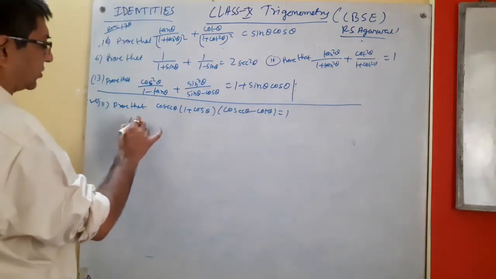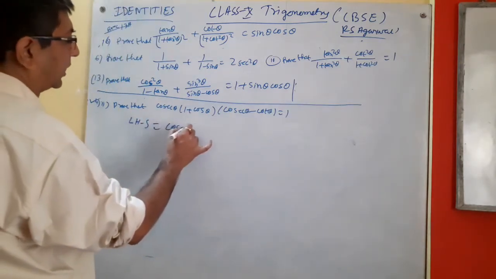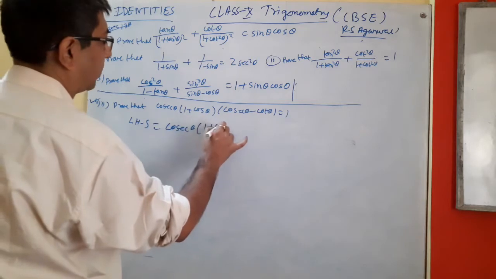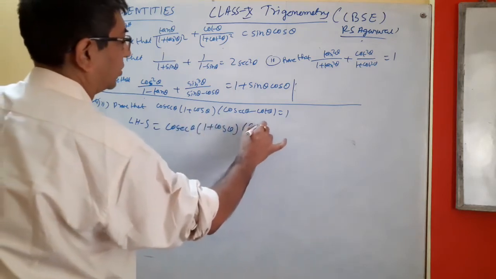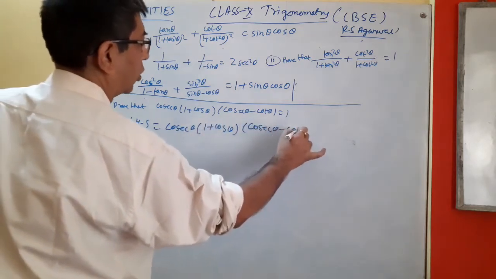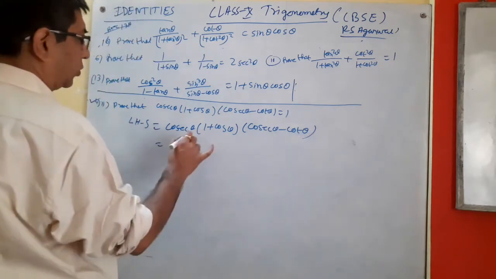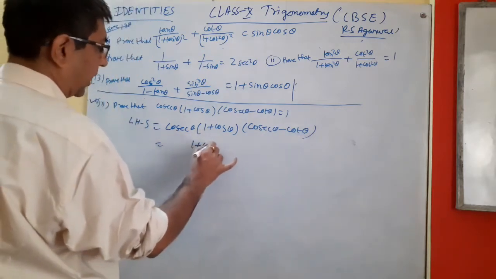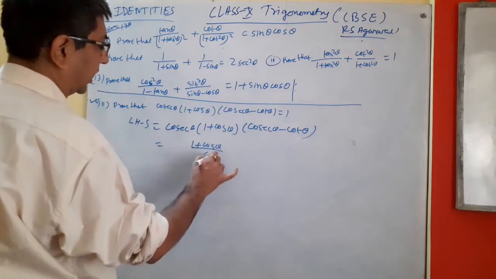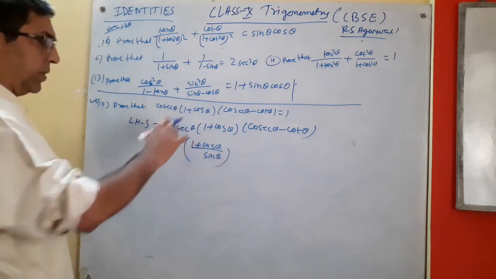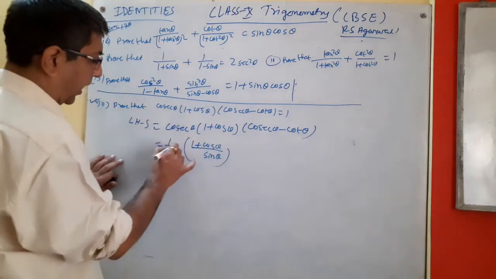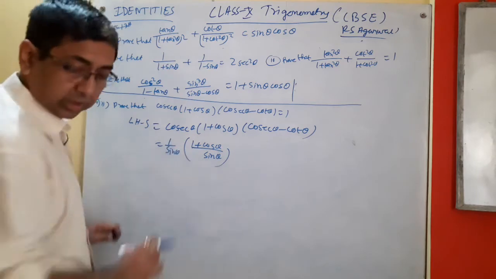LHS, we write cosec theta plus cos theta... this is cosec theta minus cot theta, right? So cosec theta means 1 by sin theta, so this is 1 plus cos theta by sin theta, isn't it? Cosec theta means 1 by sin theta. Here you can write 1 by sin theta.